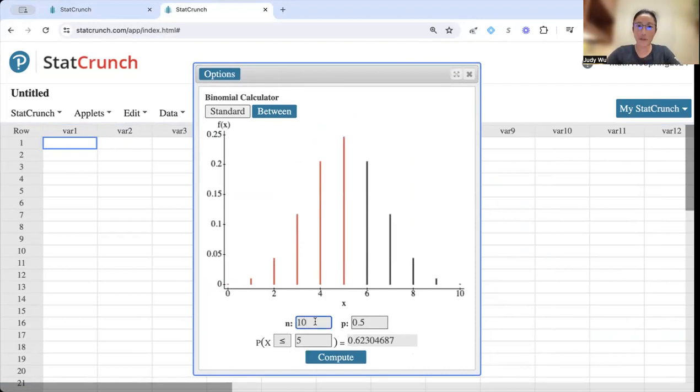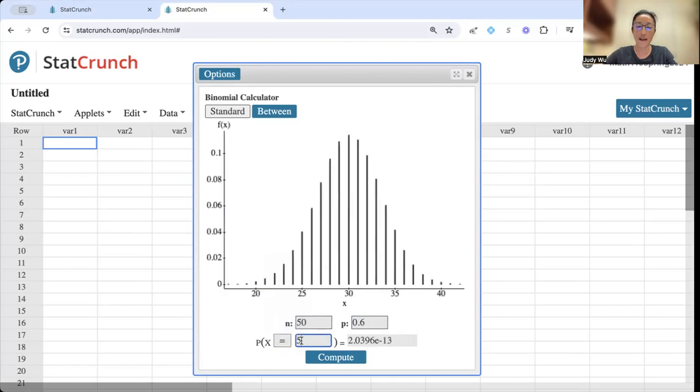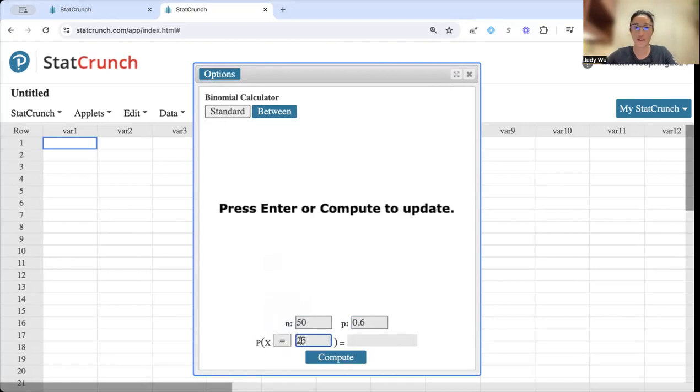But how many people are we looking for? We're looking for 50. We know that our success is if the adult prefers savings, and that percentage was 60, so 0.6. And then the first one we said was when x equals, so I'm going to change this to equals, not 5, but 25.